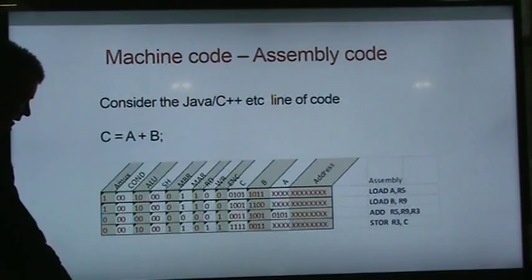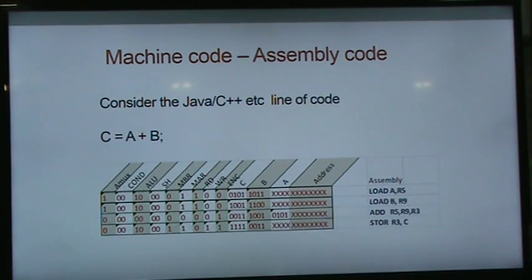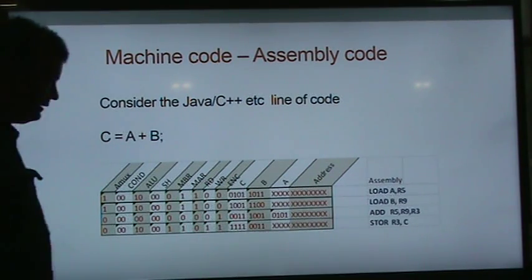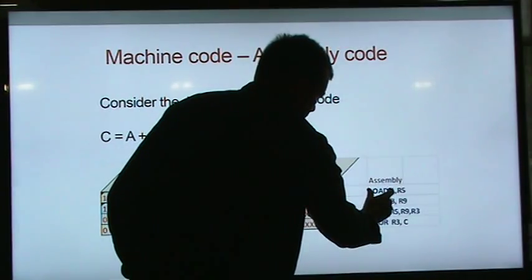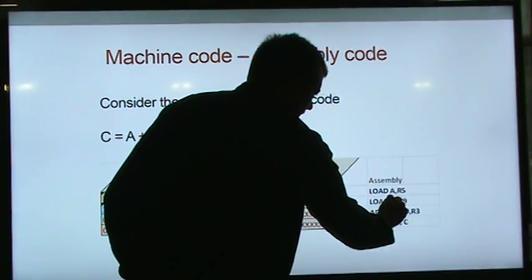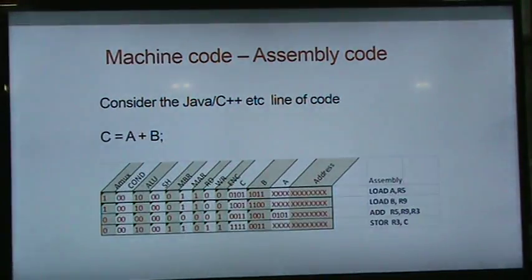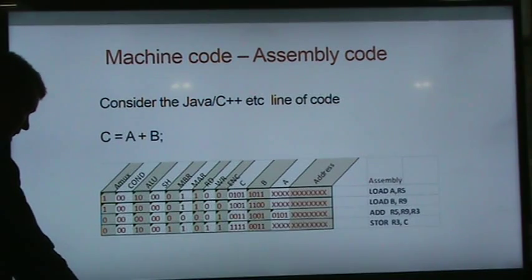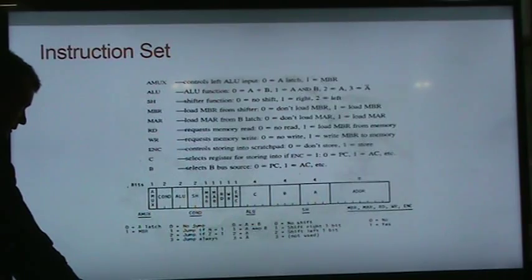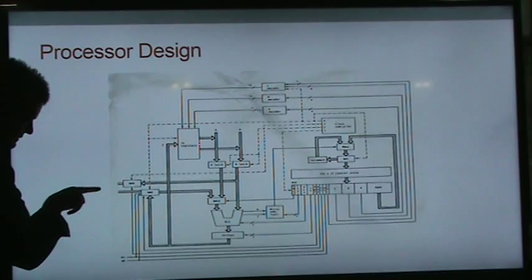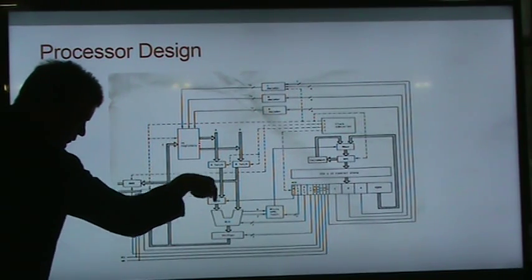So we would say, you know, the assembly language might be load memory register A into register 5. Because let's say register 5 happens to be open at the time. So in order for us to do a load from memory, we're going to take data from memory to go through this.